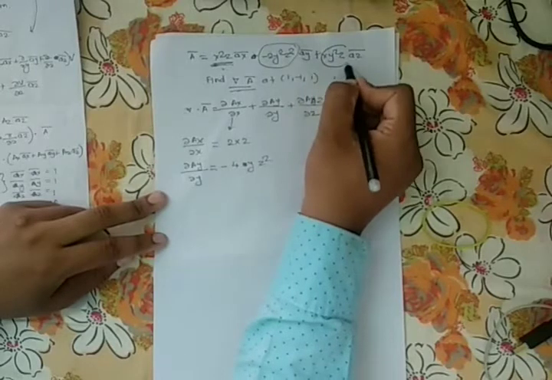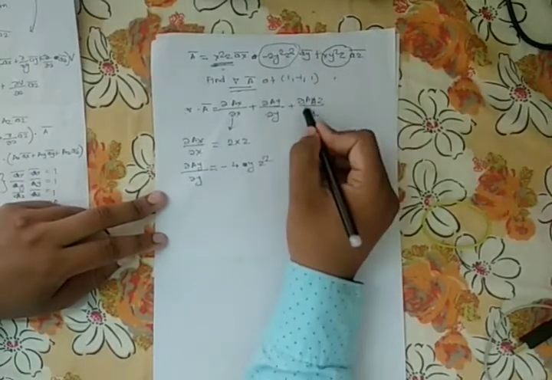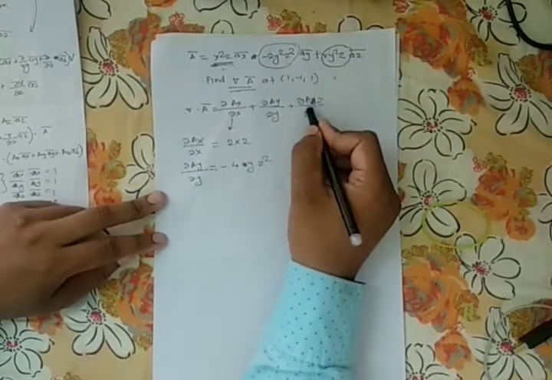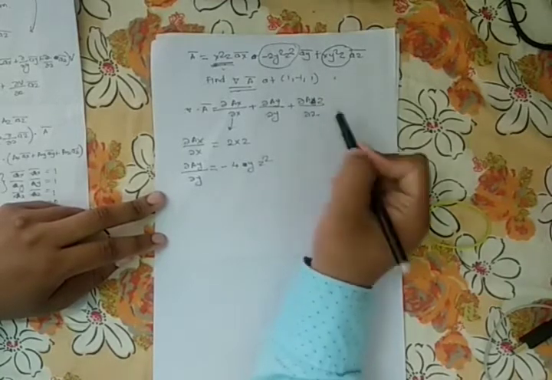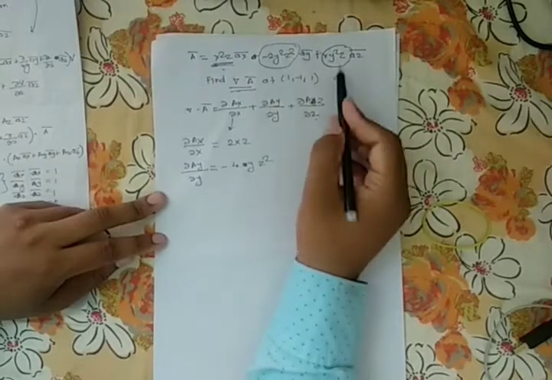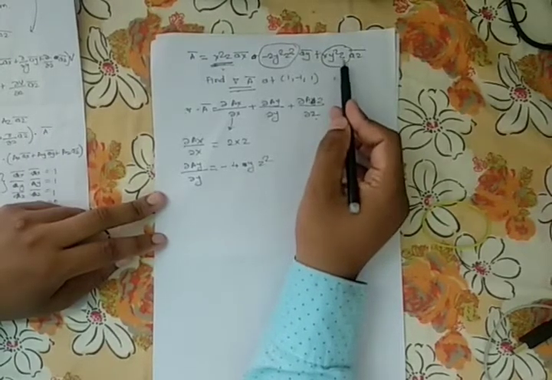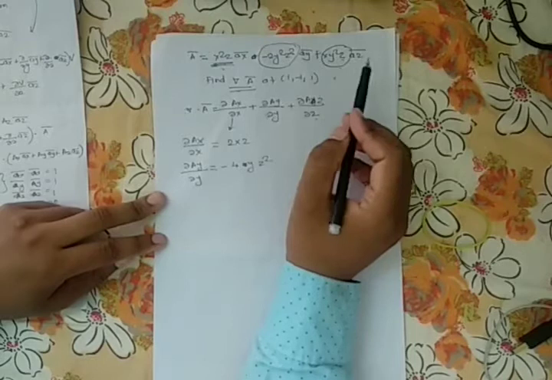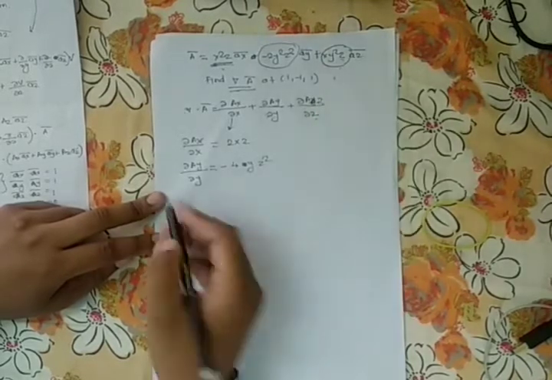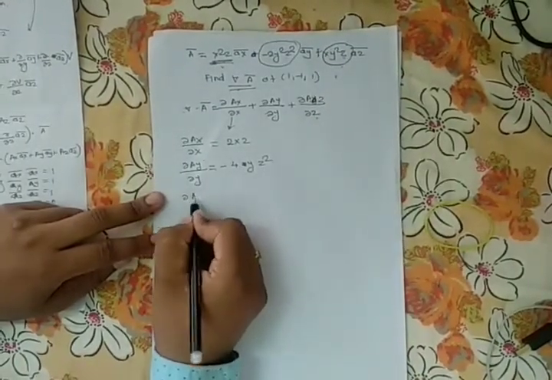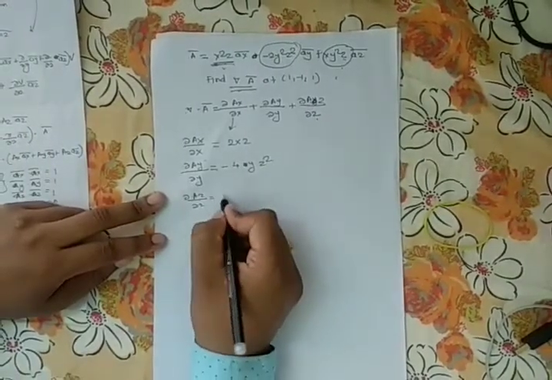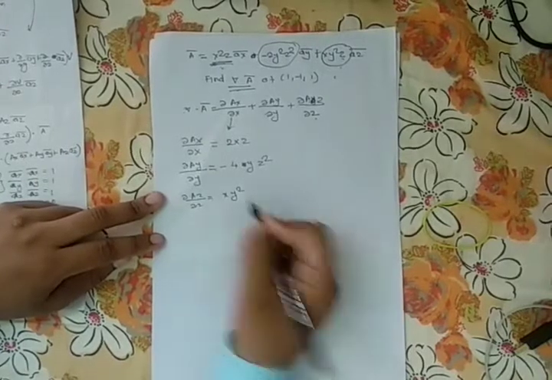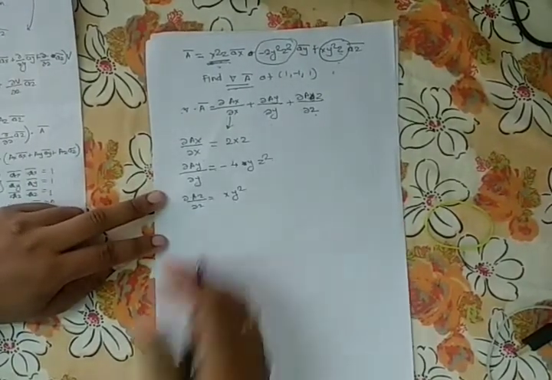And last is this one. With respect to z you have to calculate, because with respect to Az means the z parameter of the A vector, and with respect to z only one z is there, so that is 1, and there is a constant. I have to write that constant, xy square, so that is the value for the last.